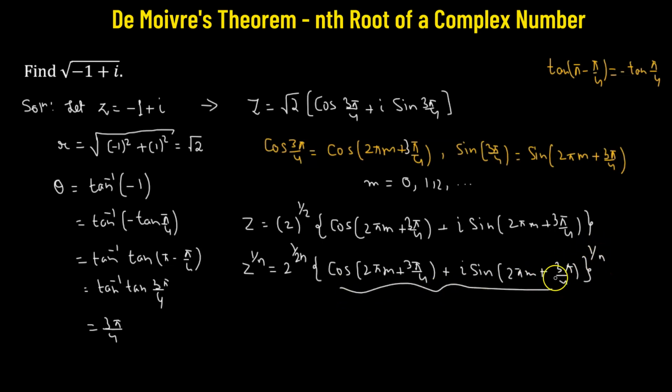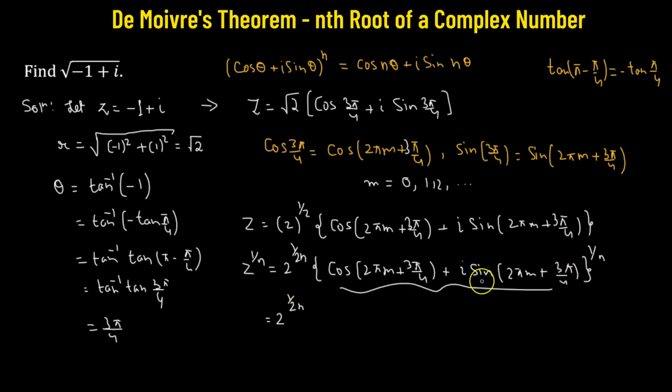Now for this expression, we can apply De Moivre's theorem. De Moivre's theorem simply states that whenever we have cosine of theta plus iota times sine theta whole raised to the power of some number n, that is simply equal to cosine of n theta plus iota times sine of n theta. Fine. So this gives us 2 raised to the power of 1 over 2n.